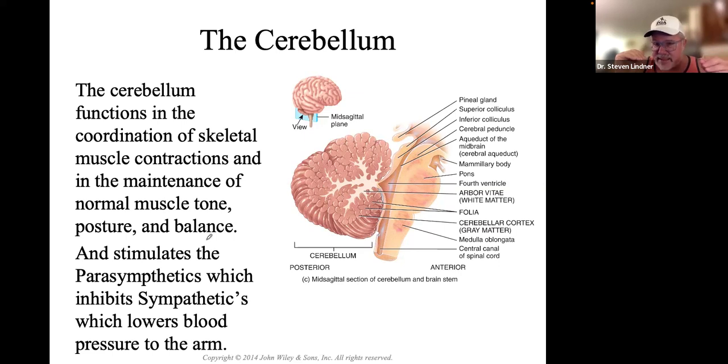If it's not sending messages to the parasympathetics on even one side, you'll get this difference in blood pressure. Okay. And if you have a blood pressure that's different by at least 10 millimeters of mercury on one side than the other, that increases the incidence of a cardiovascular event.